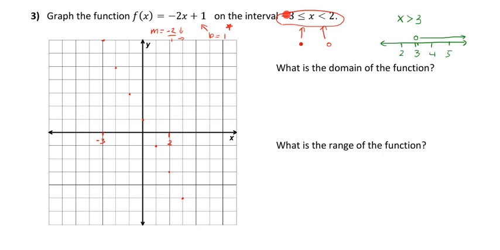So at -3, we're going to draw a closed circle here, and at 2, the graph will be passing down here, but it would be an open circle like that.